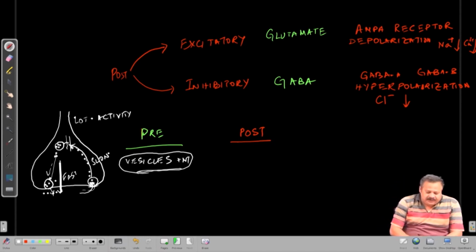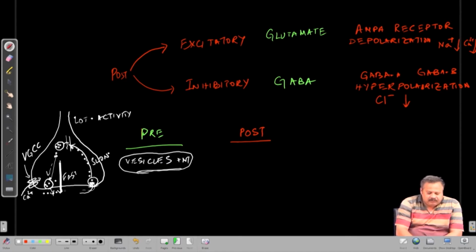Similarly, in the presynaptic side, as you remember, when the action potential reaches the presynaptic terminal, there are voltage gated calcium channels that open up and allow calcium to come in.